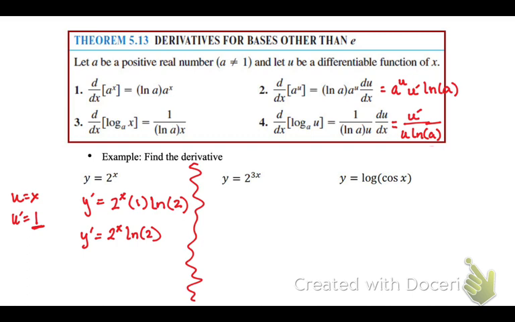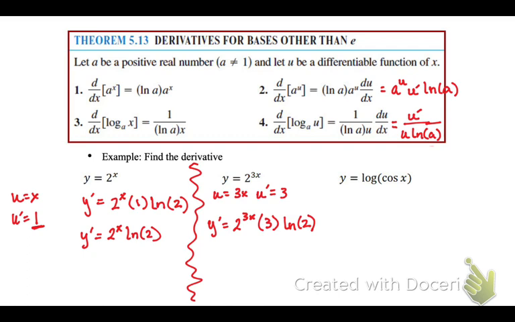Okay, so y equals 2 to the 3x. So u is 3x and u prime is 3. So y prime equals a to the u, so 2 to the 3x, times u prime, which is 3, the natural log of 2.